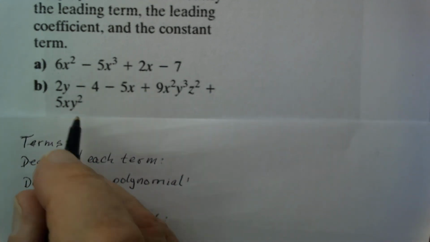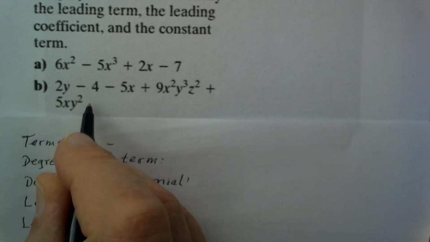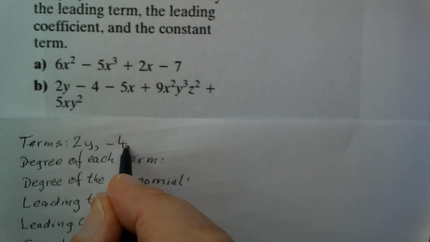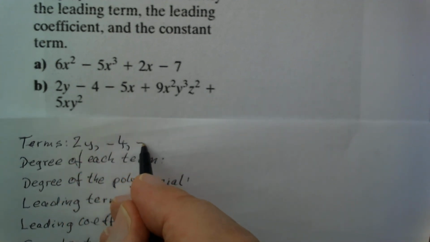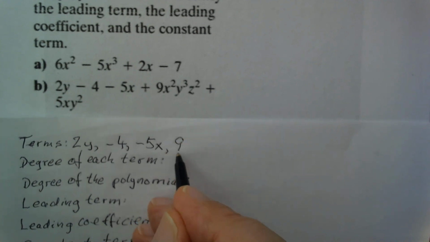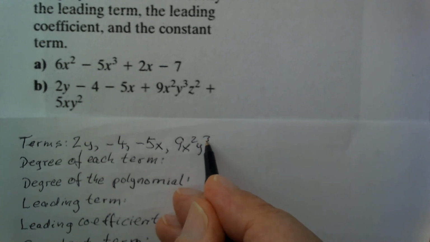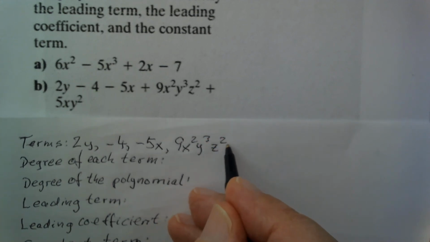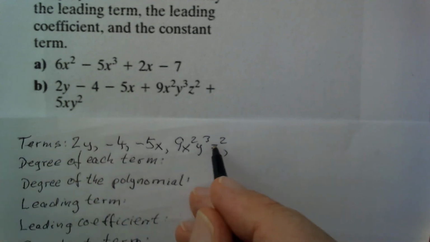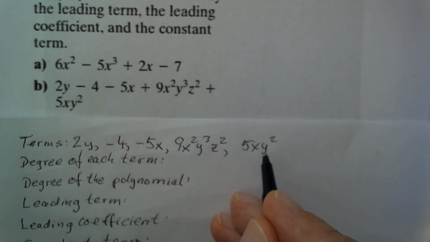So let's do the same thing for the B part. So the terms are simply the monomials, and so that would be 2y, minus 4, minus 5x, 9x squared y to the third z squared, and 5xy squared.